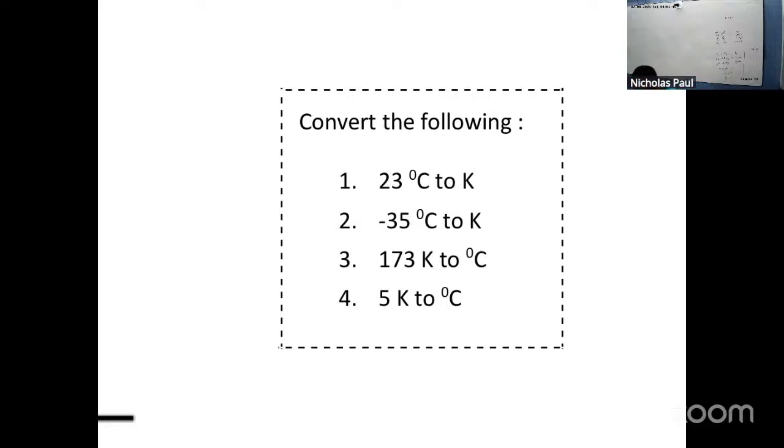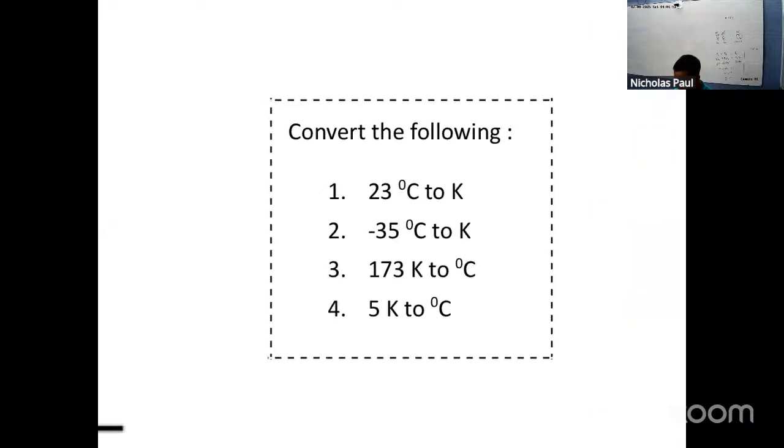All right. Y'all got it? Right. First one, Megan. 296. So what's that? 23 plus 273, that's 296. And remember, Kelvin is the uppercase K, not a lowercase k.